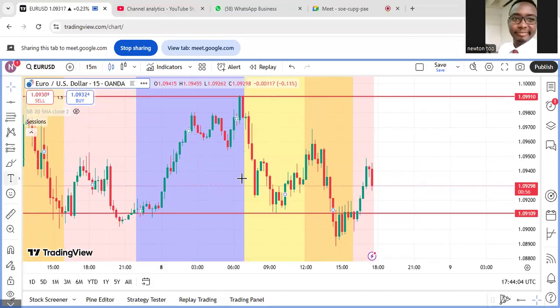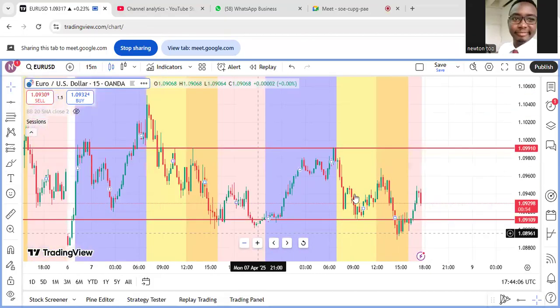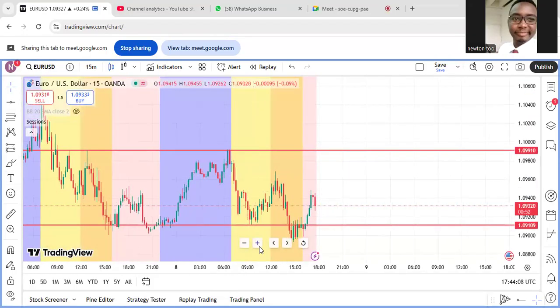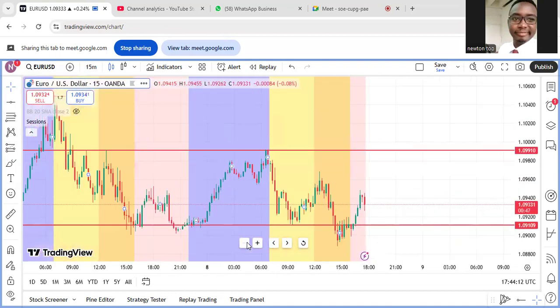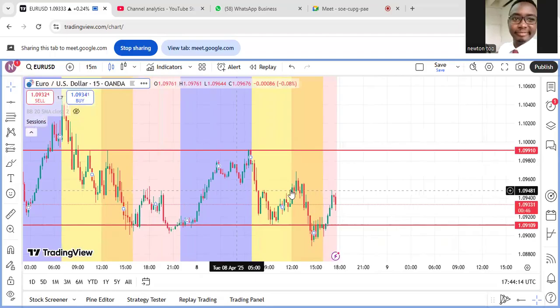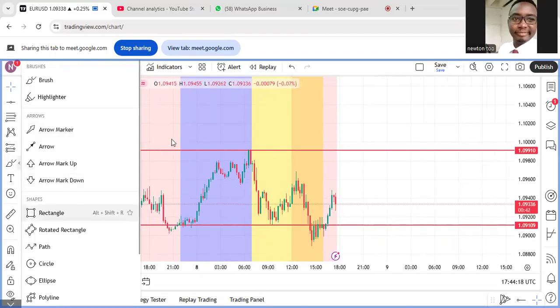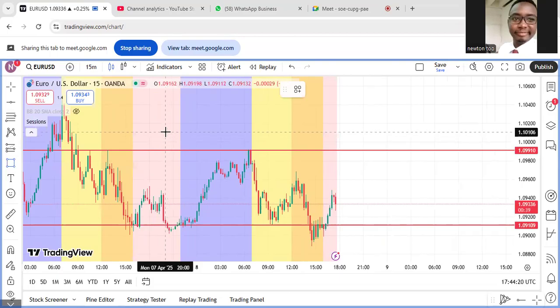The reason we are interested in this region is because of stop losses of retail traders. For example here, you can see we have stop losses of retail traders in this region.